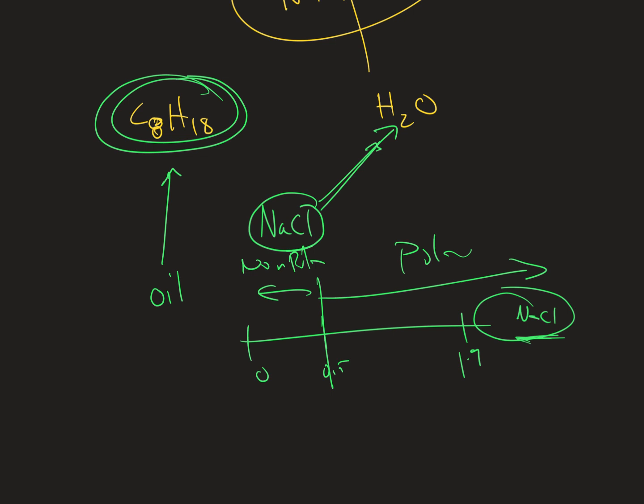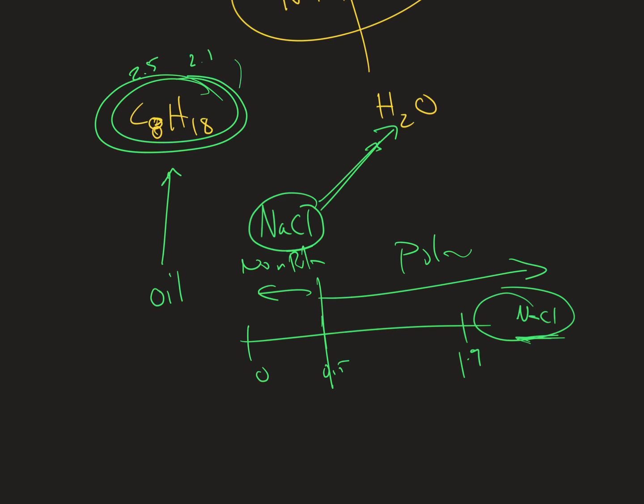What about the carbon-hydrogen bond? We can look it up on the electronegativity chart, right? This is 2.5 and this is 2.1. The difference is 0.4 and it's nonpolar. All carbon-hydrogen compounds, if that's all it is, carbon and hydrogen, are nonpolar.